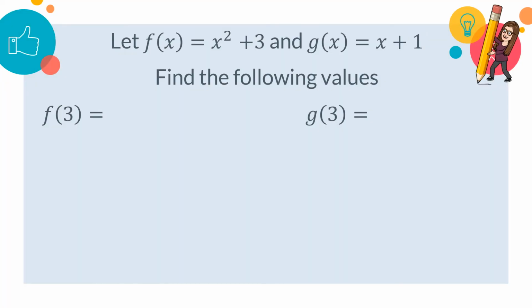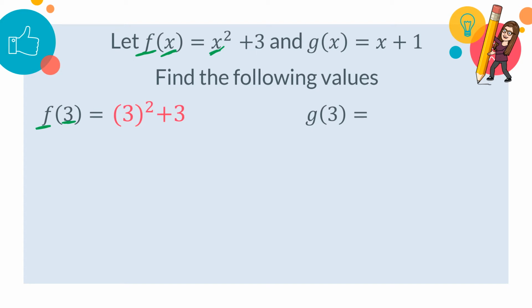All right, so let's take a look. We're not going to draw a function machine every time, but what we do need to do is show some algebra work. So the first thing we're going to acknowledge on this first problem is it says f. So which function should I use from my list? F. Make sure you're picking the right one. Then it says 3. So what am I going to plug in for x? 3.